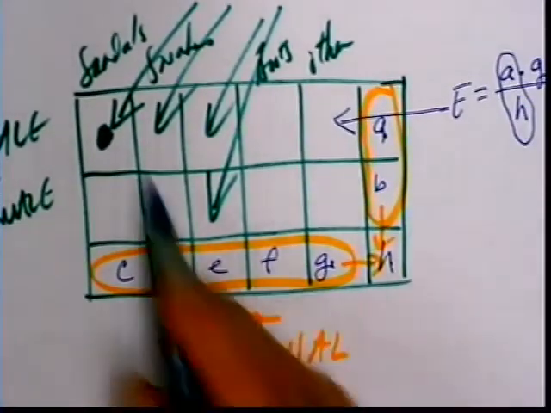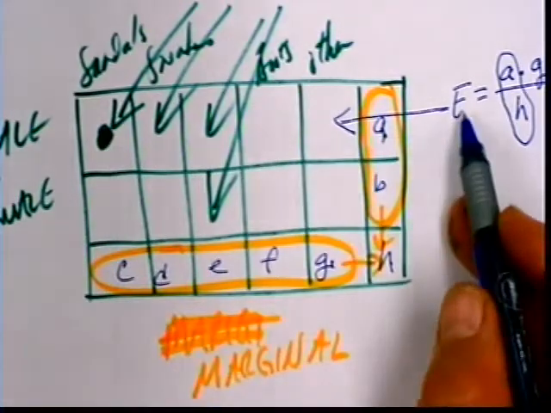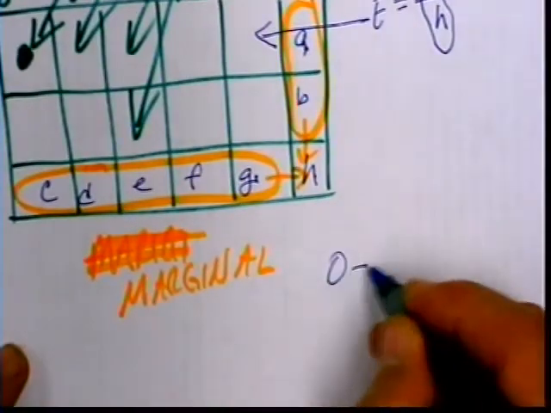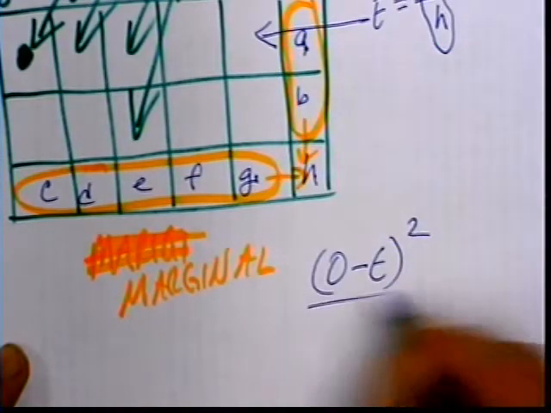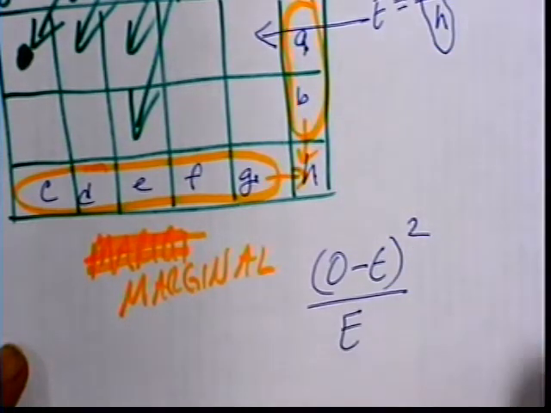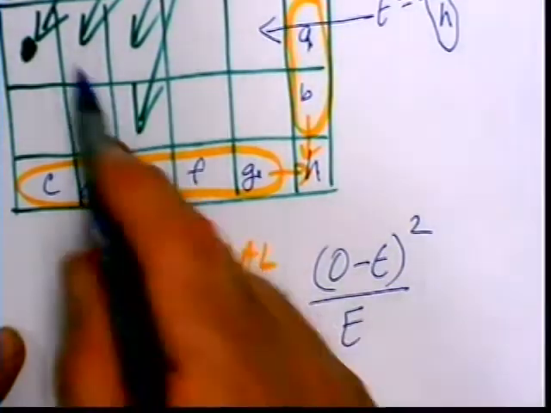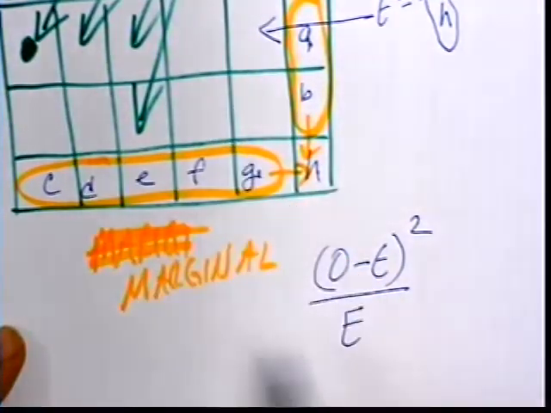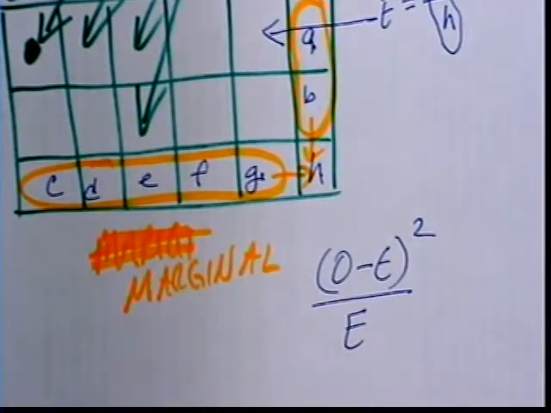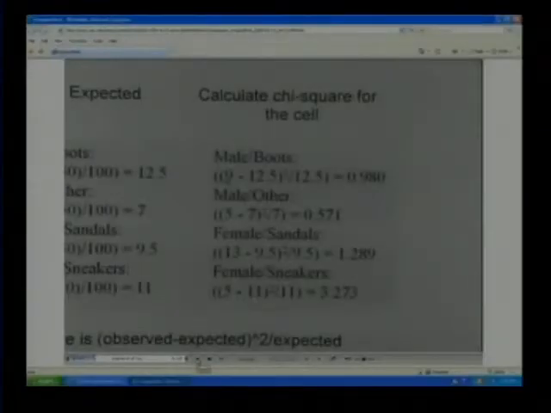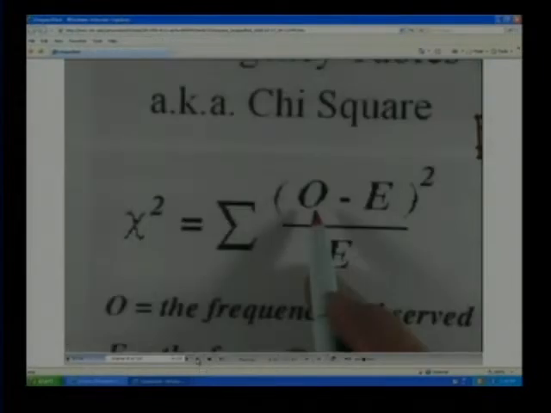So we left this problem at the position where we had the observed values and the expected values. The next step is to calculate the observed minus the expected, squared, over the expected value. If we do that for each of these cells, that gives us the chi-square for that problem.